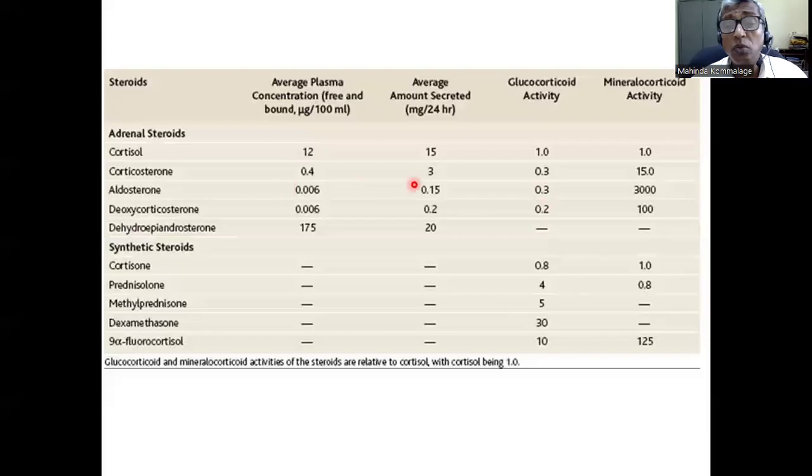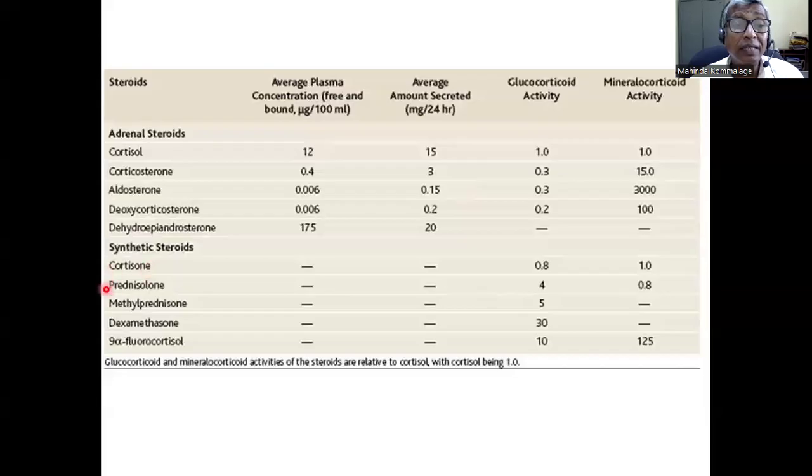So these hormones, we can broadly categorize them into glucocorticoids and mineralocorticoids, but they have other types of action, right? And some of them are drugs.